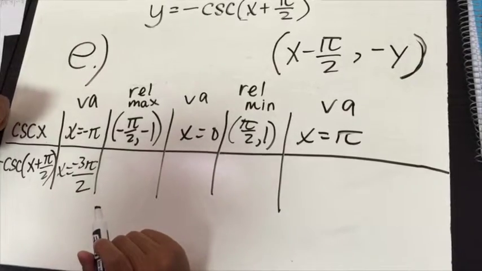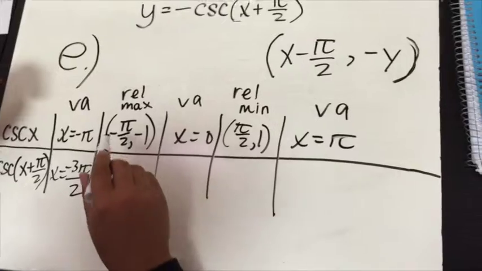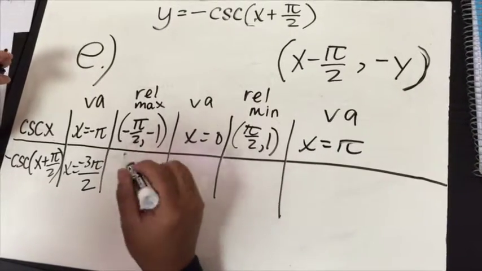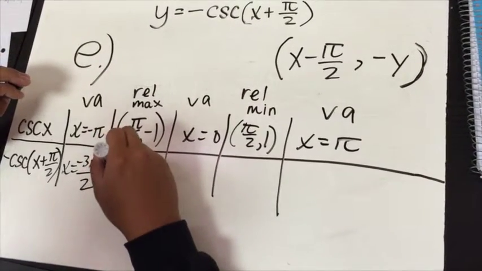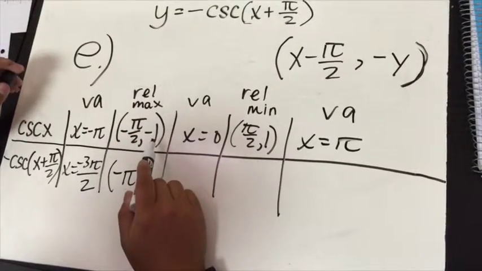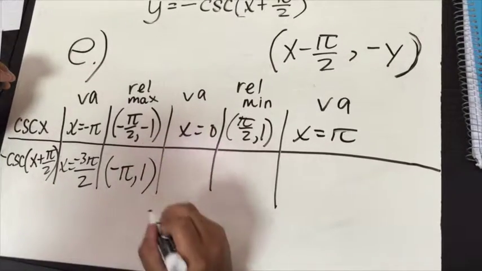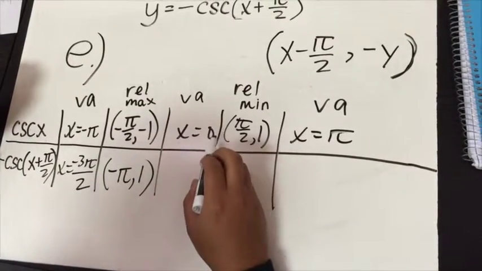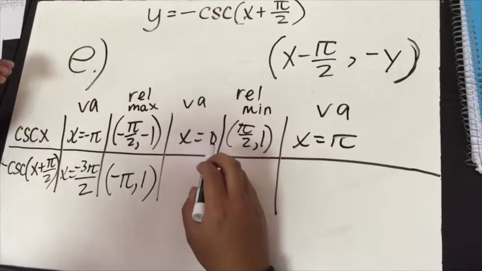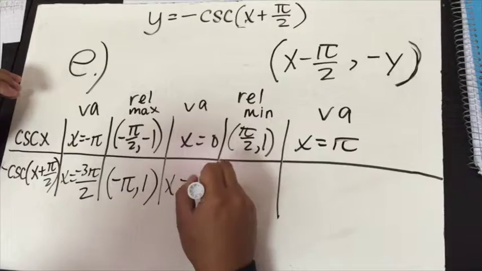Okay, so our relative max, since we are moving the whole function to the left pi over 2. So that's negative pi over 2 minus pi over 2, which is just negative pi. And then we're finding a negative y, so y is negative 1 here, so we're flipping the sign, so it's negative pi, 1. The vertical asymptote is being moved to the left pi over 2, so that's just x equals negative pi over 2.